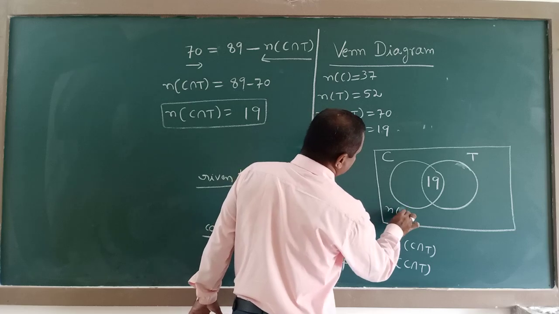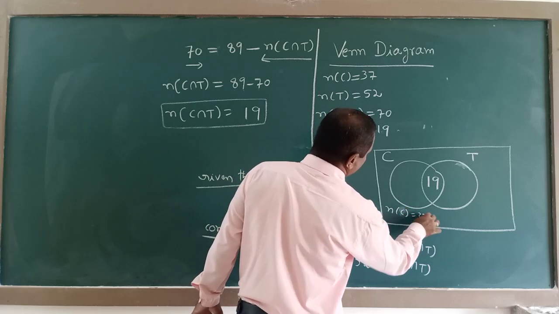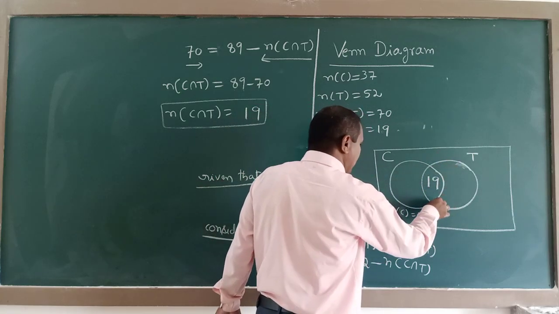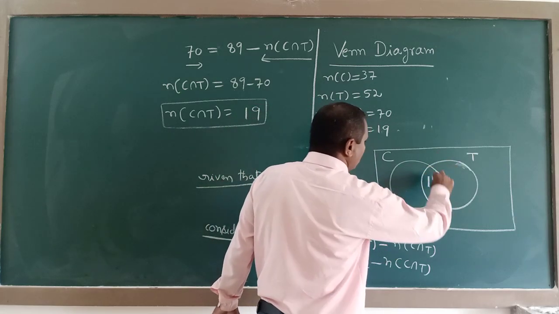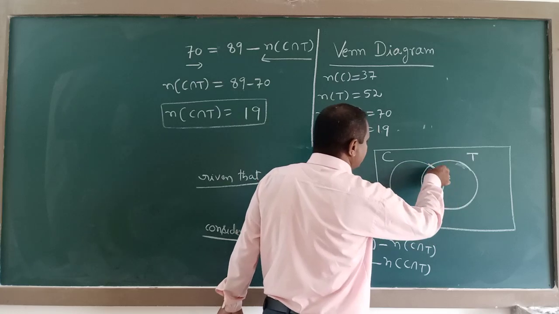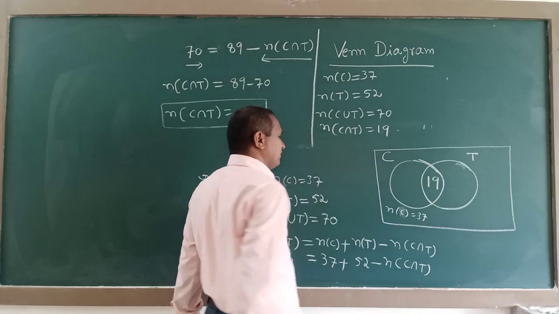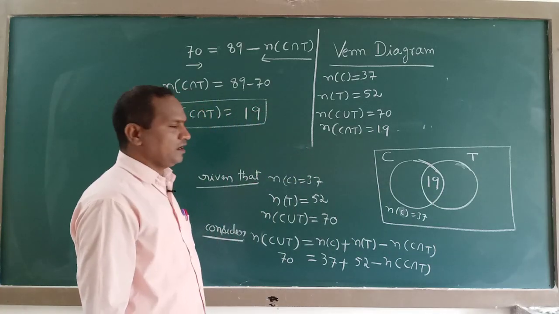Here 19 means it is common to both C and T also. Already in C, 19 persons are there, and totally 37, and the remaining value becomes how much?